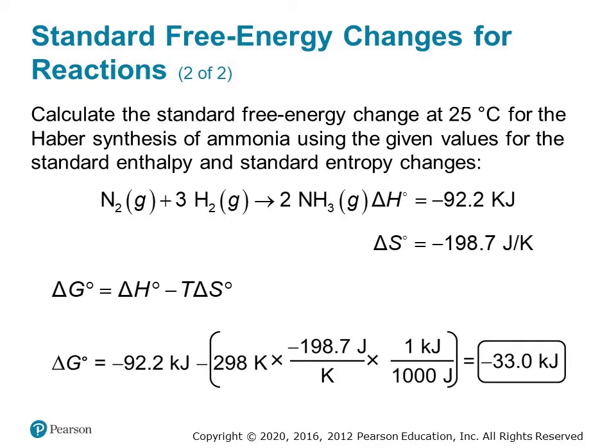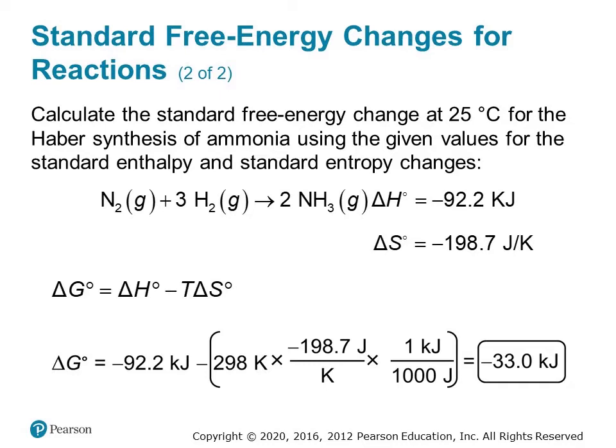For example, let's use provided values for delta H standard and delta S standard to calculate the standard free energy change for the synthesis of ammonia, NH3, from nitrogen and hydrogen gases. This is an exothermic reaction with delta H equal to negative 92.2 kilojoules. The delta S standard is also negative, at a value of negative 198.7 joules per Kelvin.